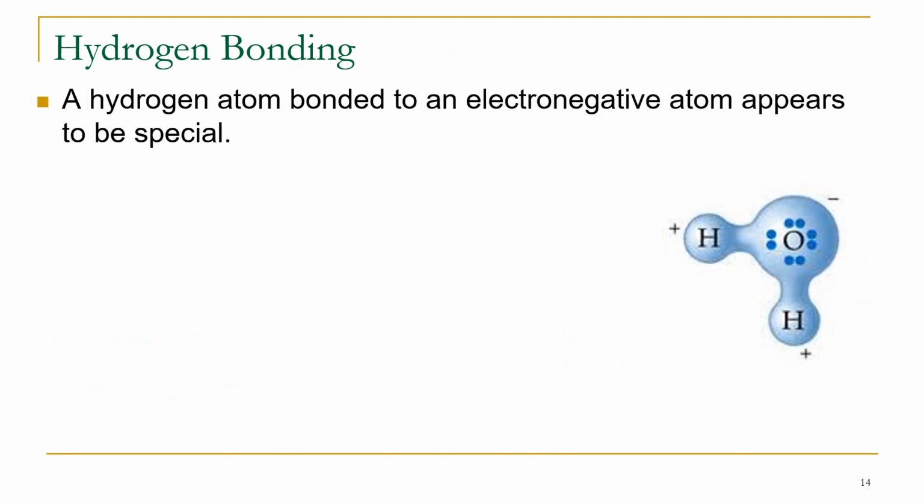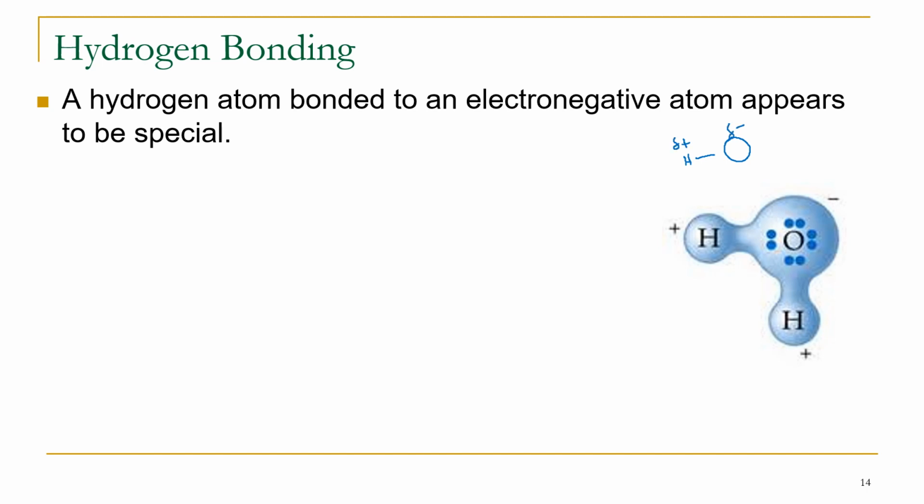And then the other thing has to do with hydrogen. Hydrogen atoms are very tiny. So you've got this very tiny atom, and then a very much larger atom that's very negative.